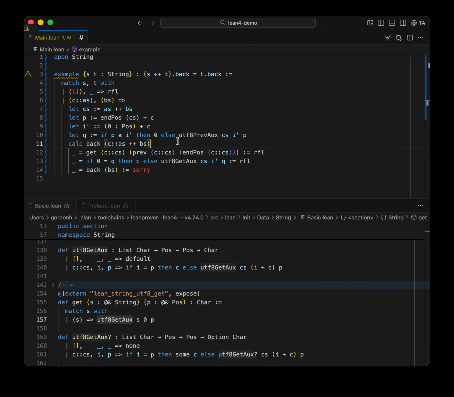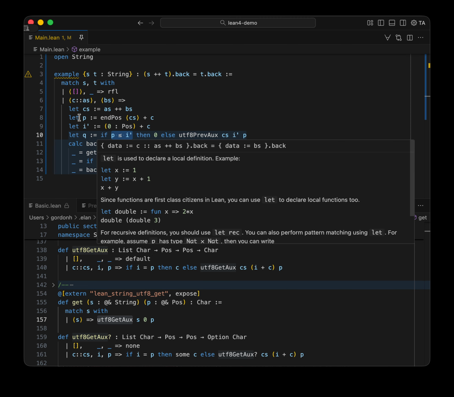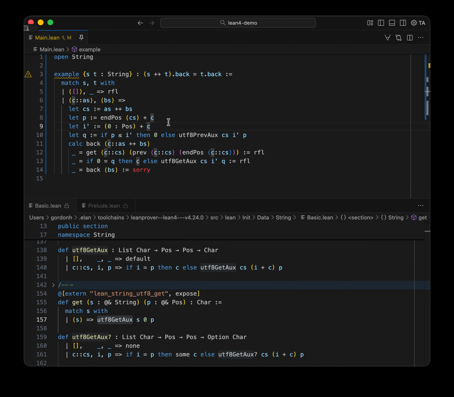So at this point, can we even know whether 0 = p or p is less than i prime? Let's start here. Under what condition can p be less than i prime?